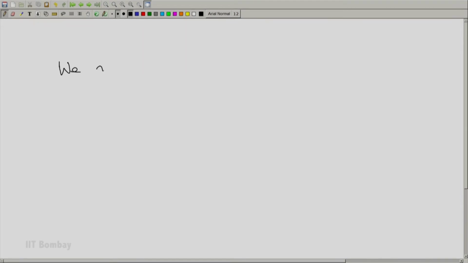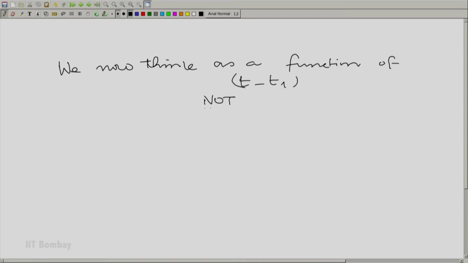So if you think of this as a function of t minus t1, see now we have to change our focus. We have to think of this as a function of t minus t1, not x0 anymore.